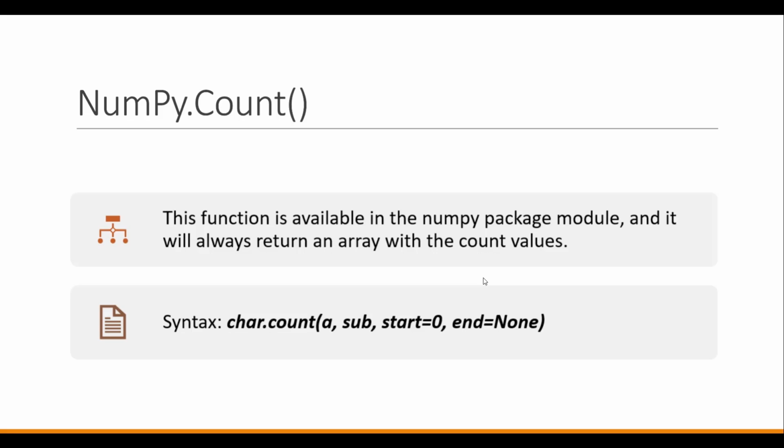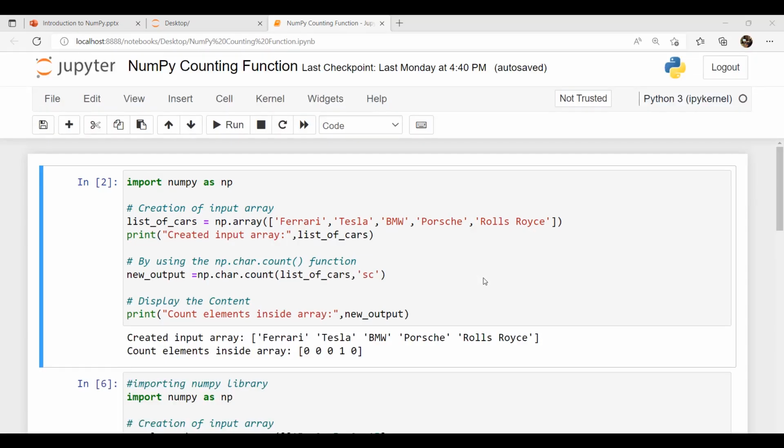Now let us take an example and understand the working of numpy.char.count function, and within this function we will take a string as an argument. So here is the example. In this example we have created an array by using np.array function, and within this function we have assigned the string as an argument in single quotes, and then we must search the substring without the given limits.